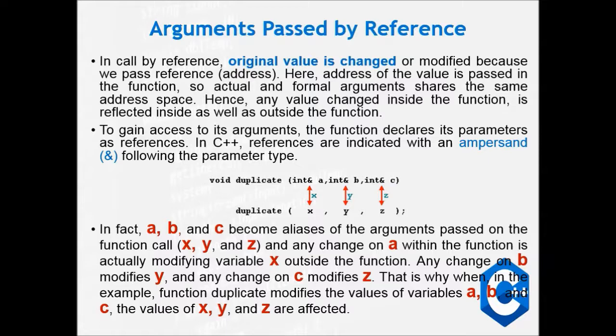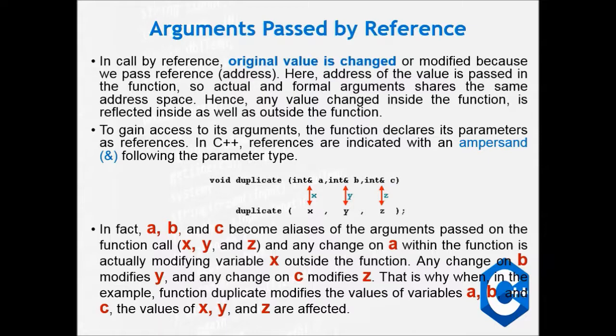The other variables are used in calling the function, where we write duplicate(x, y, z). In fact, a, b, and c become aliases of the arguments passed to the function call x, y, and z.